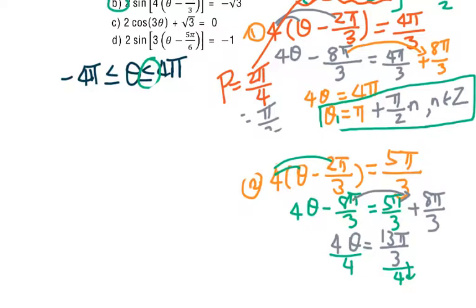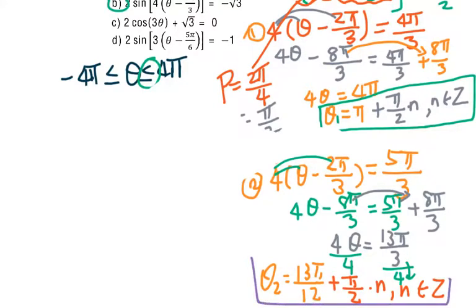This time your theta 2 equals 13 pi over 12. Then I need to add the period times n, pi over 2 times n, where n is integers. Therefore, this is the general formula for theta 2.